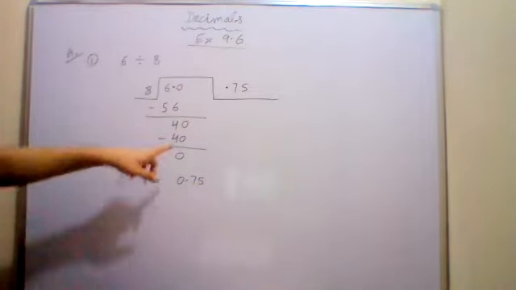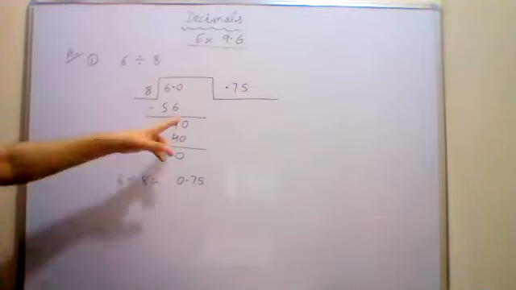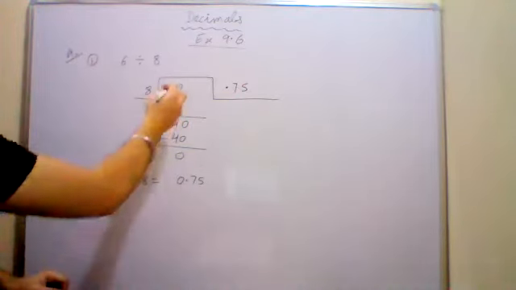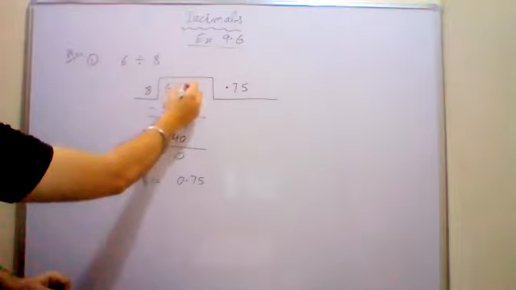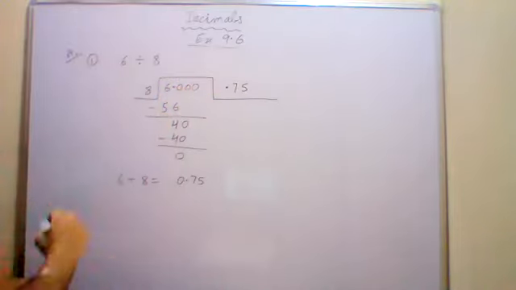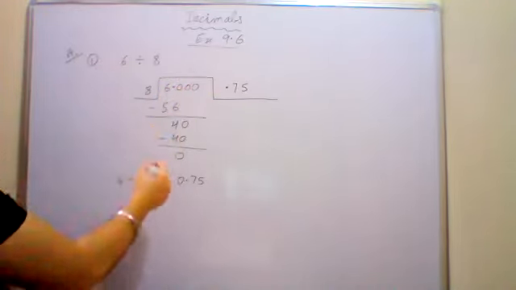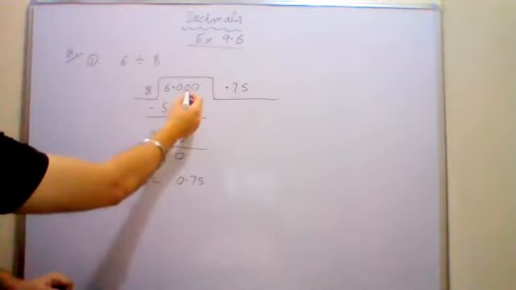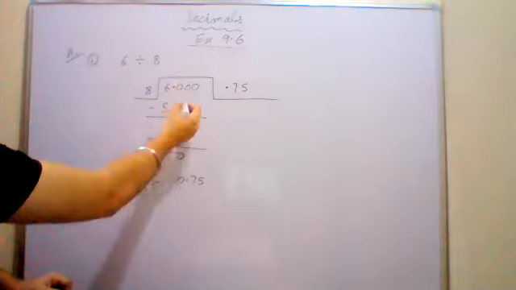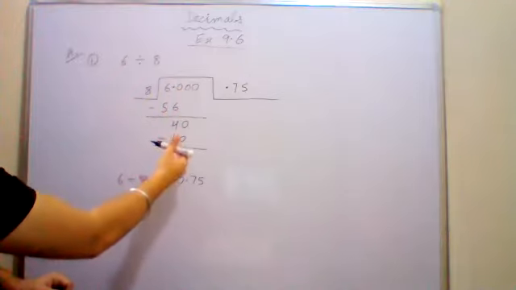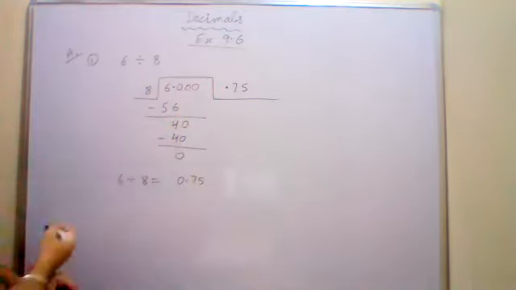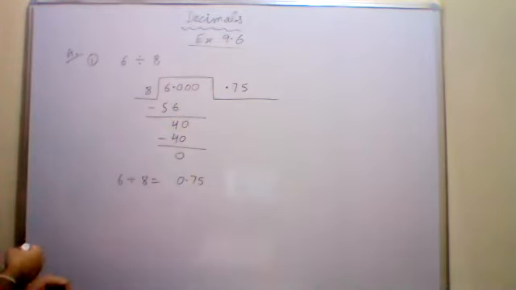So how have I written this zero here? You know that we can add as many zeros as we want after the decimal. So I have copied one zero from here. So until my remainder becomes zero, I will keep on adding zeros and copying those zeros down.